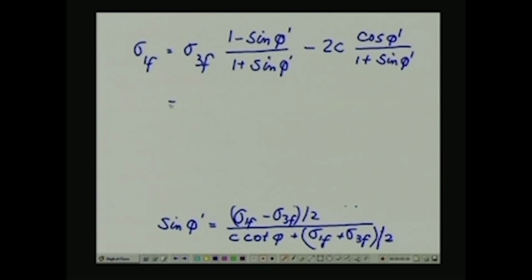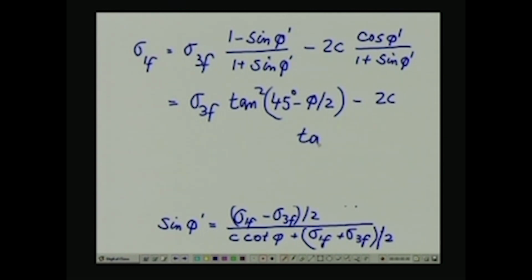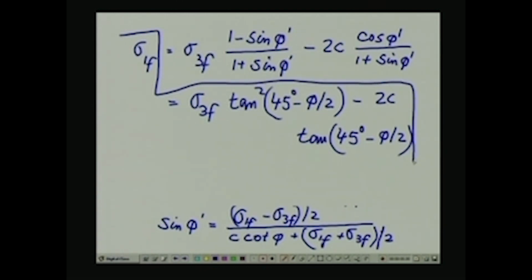That in turn will give us sigma 1f equal to sigma 3f multiplied by tan square (45 degree plus phi by 2) plus 2c tan (45 degree plus phi by 2), and this is the relationship that we were trying to derive.